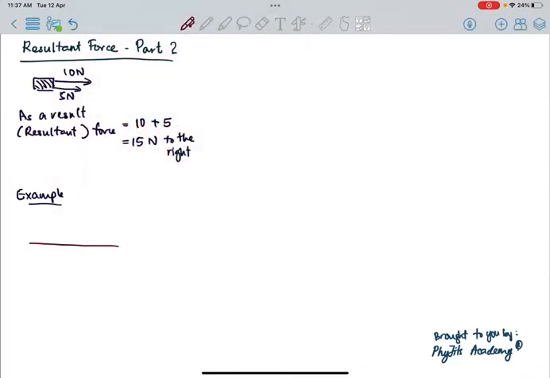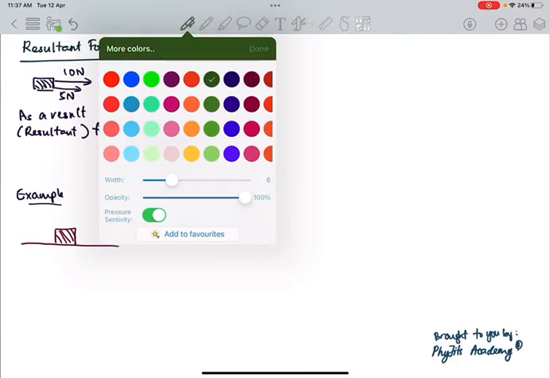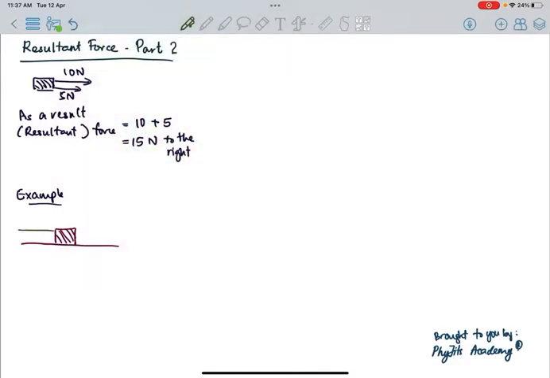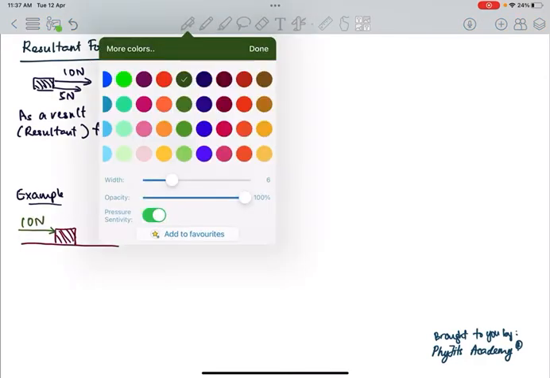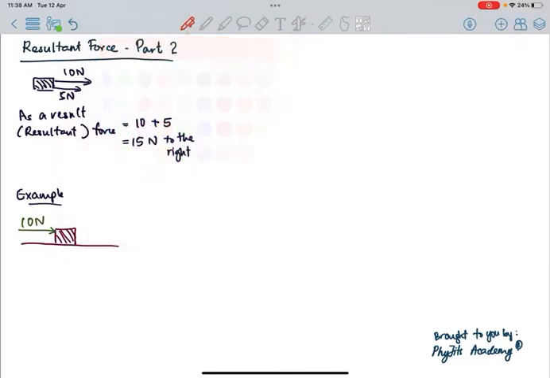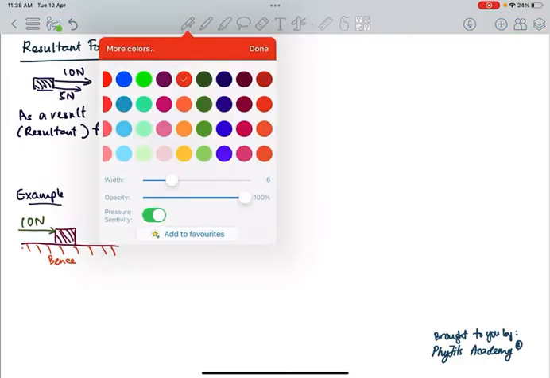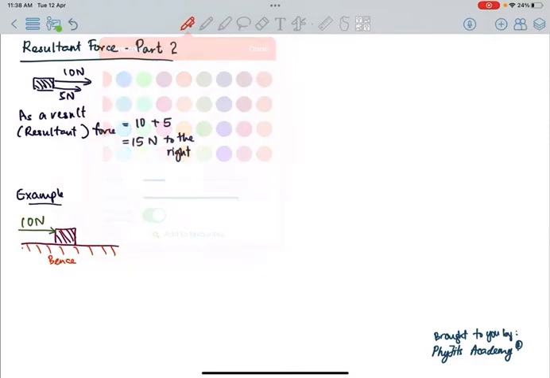As a simple idea, we will always use a box as the object. So there is one person trying to push the box forward with a force of 10 Newton, and the bench, which is rough, has a friction of 3 Newton.